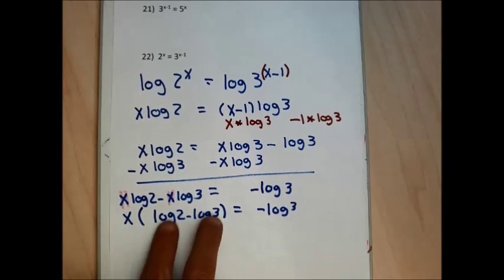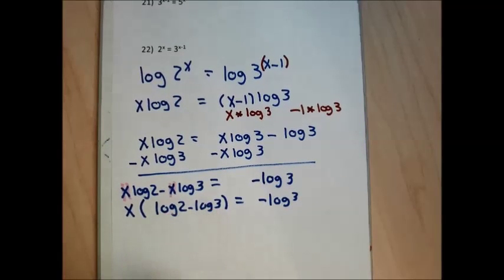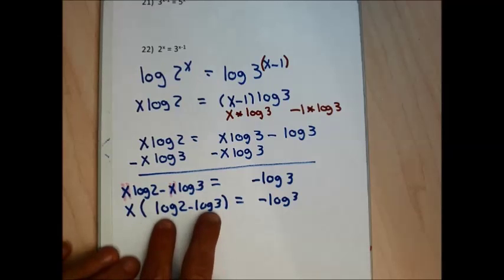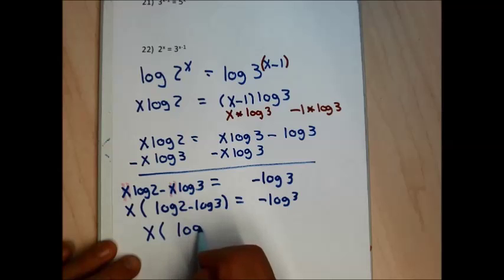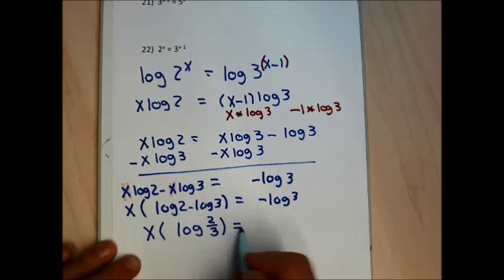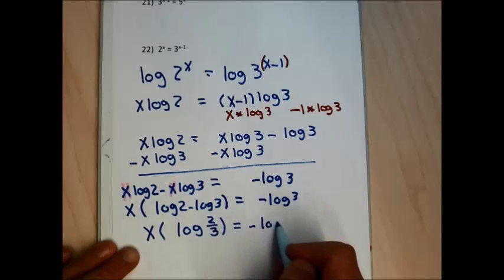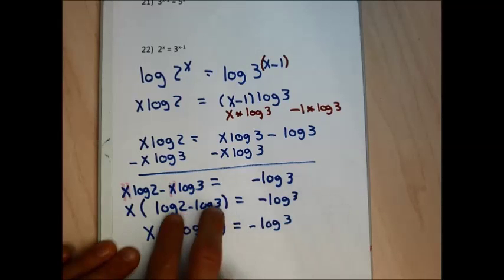That inside the parentheses can be simplified, and if I simplify it, it makes my calculator work that's coming up easier. If you have two logarithms that have the same base, and there's a minus between the two logarithms, you could write the two logarithms as one logarithm by dividing their arguments. That's using the second rule of logarithms that I had.